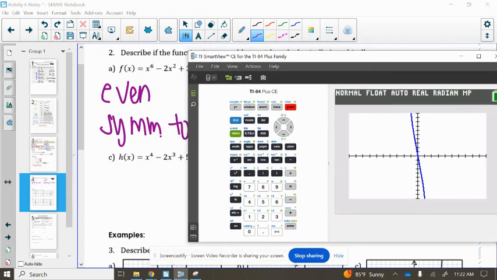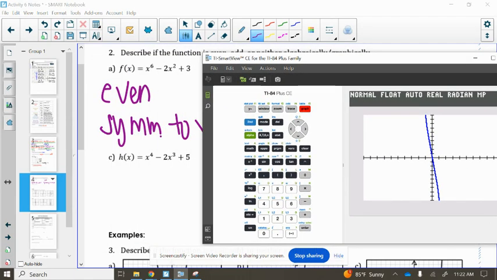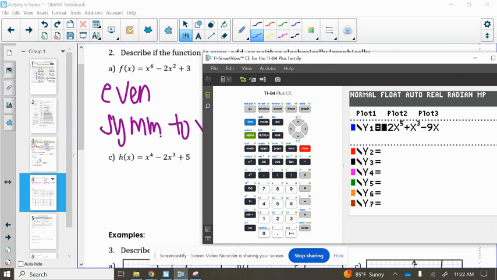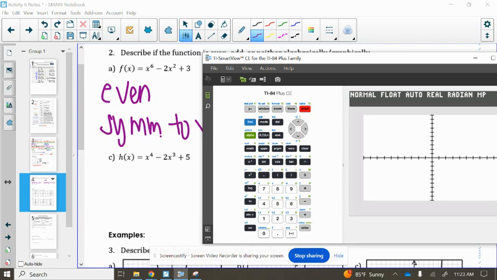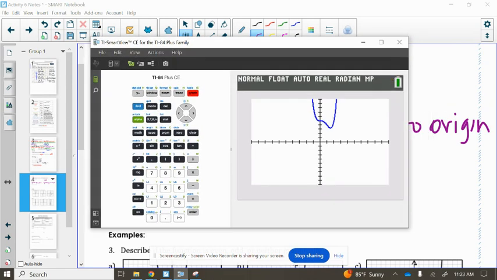Last example we have is x to the 4th minus 2x to the 3rd power, plus 5. We see on this one that our graph does not have symmetry to the y-axis.